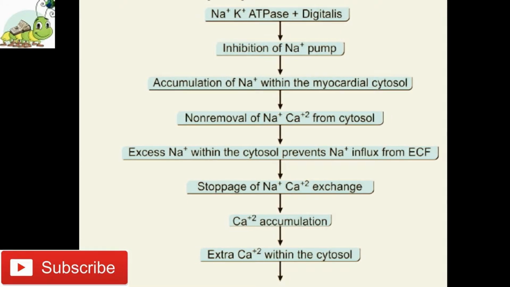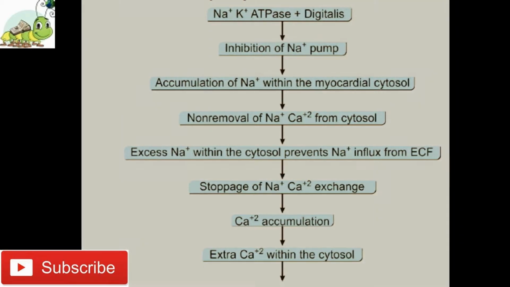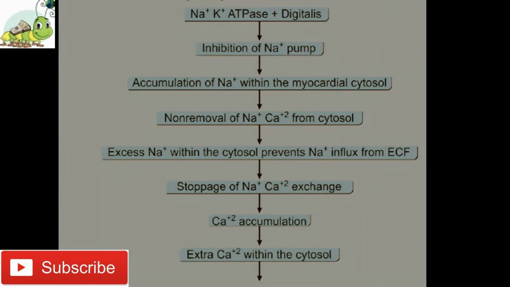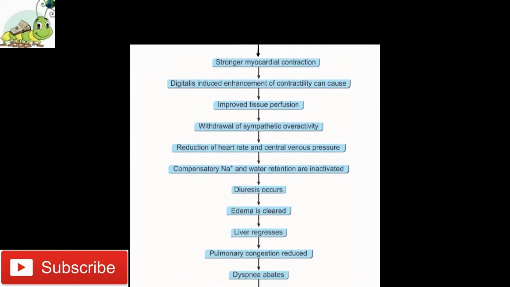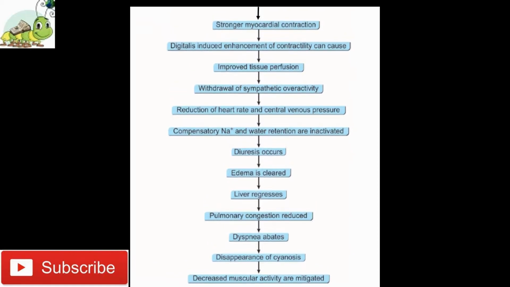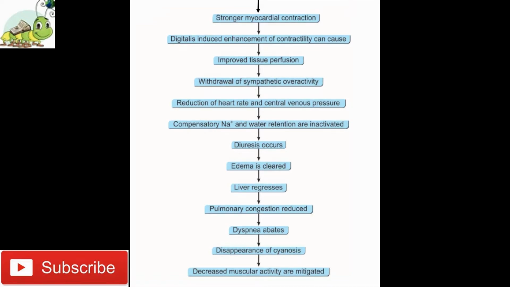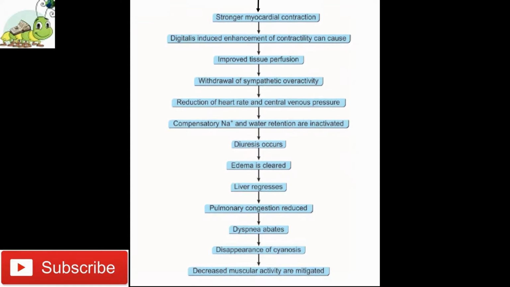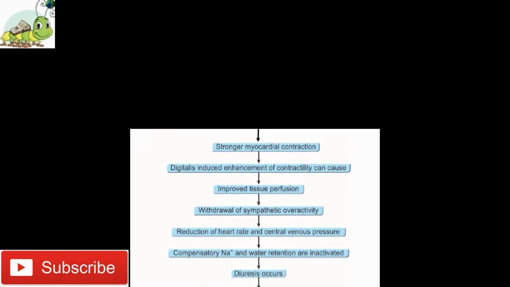The resulting improved circulation leads to reduced sympathetic activity, which then reduces peripheral resistance. Together, these effects cause a reduction in heart rate. Vagal tone is also enhanced, so the heart rate decreases and myocardial oxygen demand diminishes. Memorize it: in the normal heart, the positive inotropic effect of Digitalis is counteracted by compensatory autonomic reflexes.